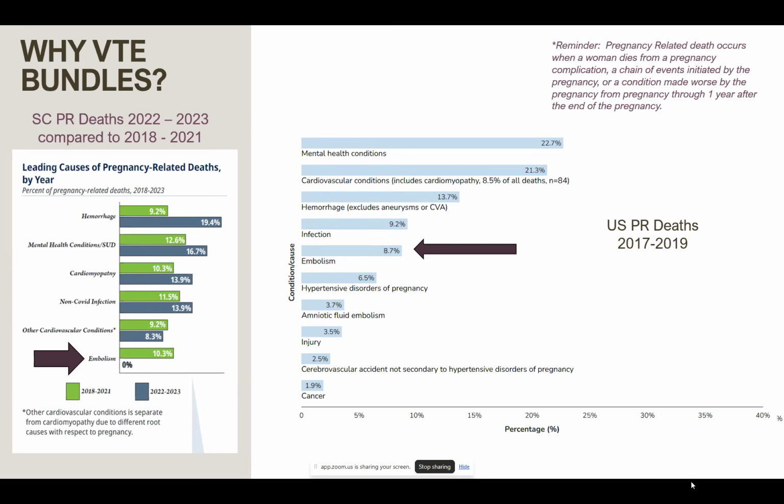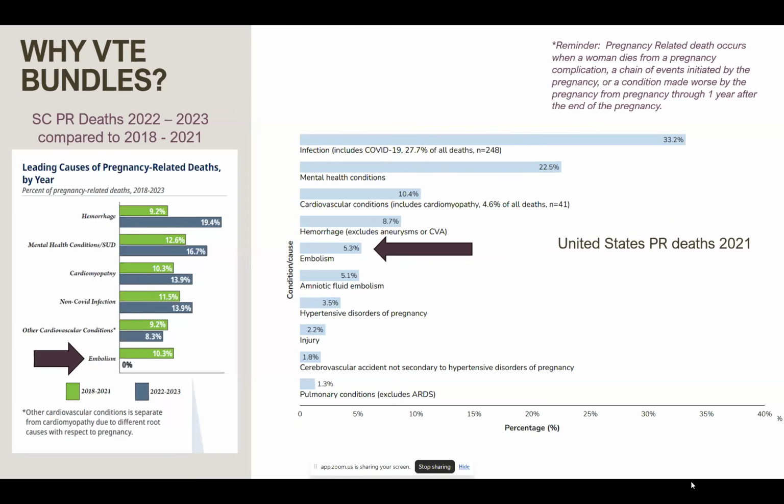So just because we didn't have any cases that were pregnancy-related does not mean that the problem is solved, and it does not mean that we don't need to worry about it anymore, because that is not at all what this data points to. As we'll address later on when we get to some of the implementation pieces.